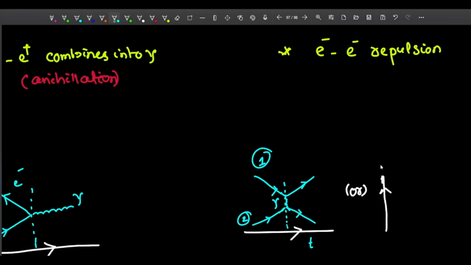The same thing can also be represented in this second diagram, that is time along the horizontal axis. So this is the vertical or the interaction axis. Here this is the reactant side.